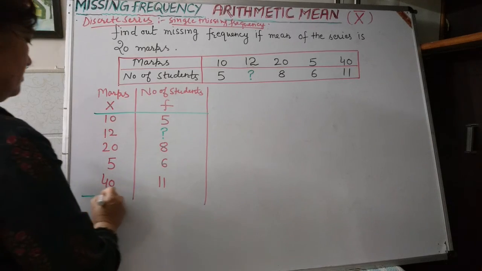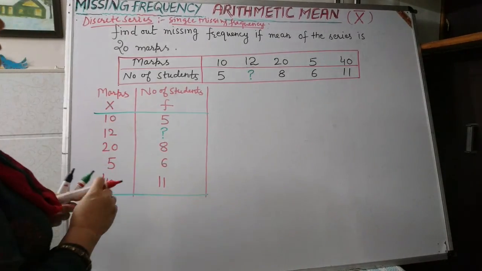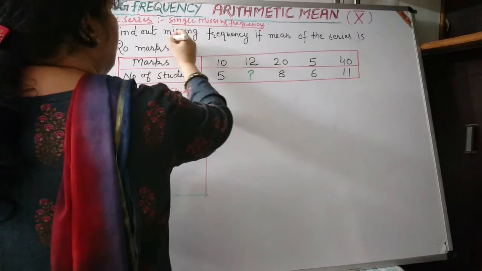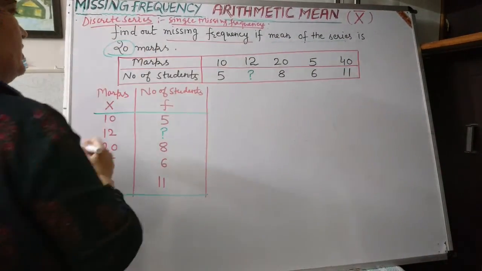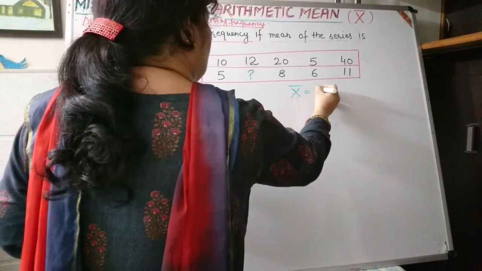And now let us calculate the value of the missing frequency. Find out the missing frequency if the mean of the series is 20, that is given. It means the value of arithmetic mean is equal to 20.